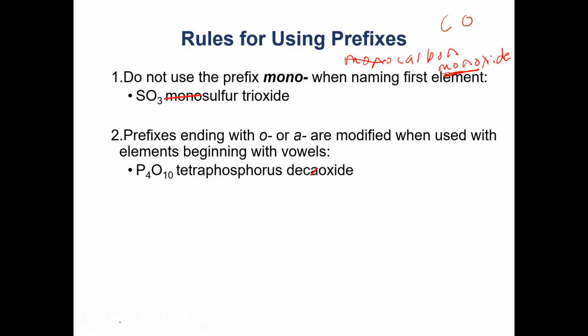We do that just to make the pronunciation a little bit simpler. There's a few instances where when you have a prefix that ends with a vowel and then an element that starts with a vowel, the pronunciation gets a little bit awkward. So to avoid those instances, we just drop the vowel. So we would call this one tetraphosphorus decoxide.